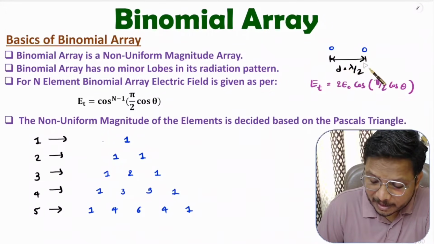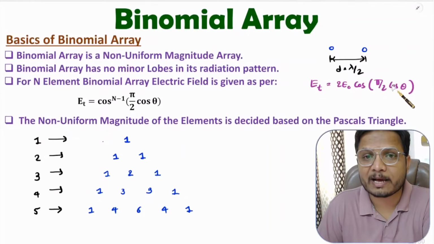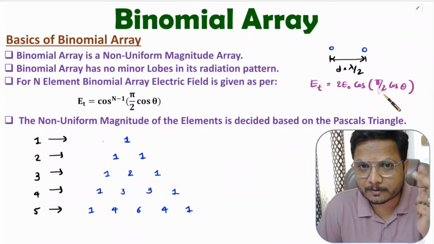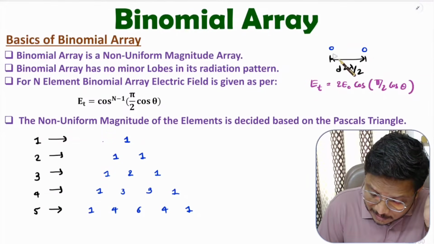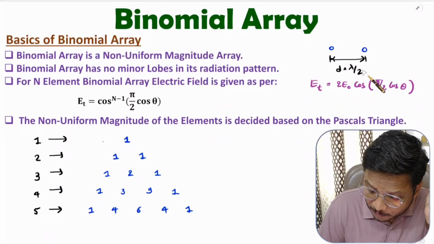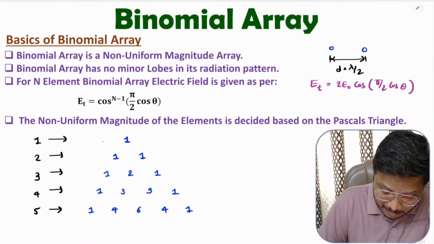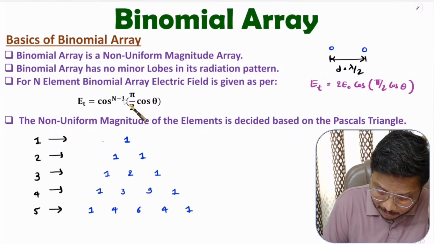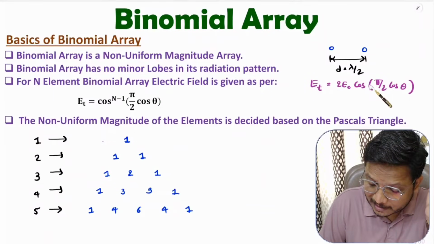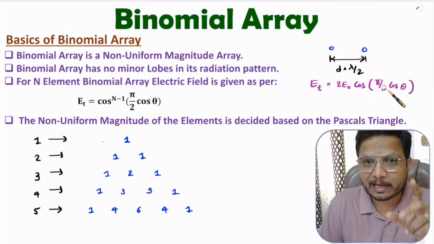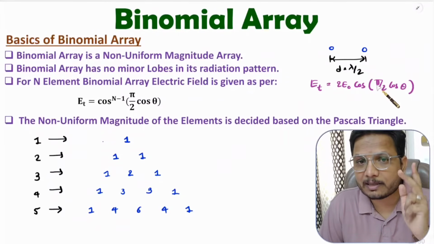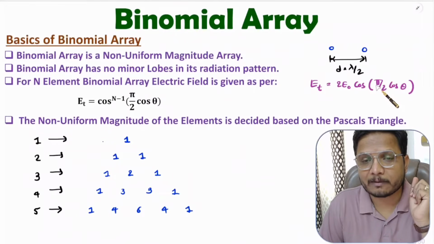So for two elements, this is the electric field that I have already derived in my earlier videos. Now based on this concept of spacing lambda by 2, if you have n elements, then it is cos to the power n minus 1 of pi by 2 cos theta. That even I'll explain by derivation, that will give you more clarity, right?